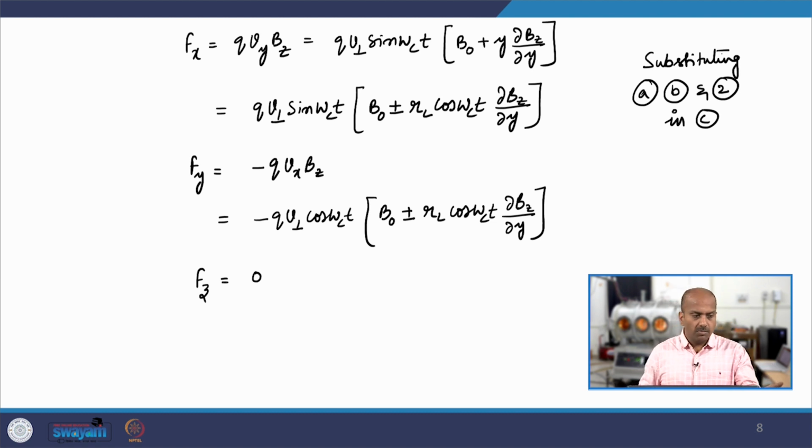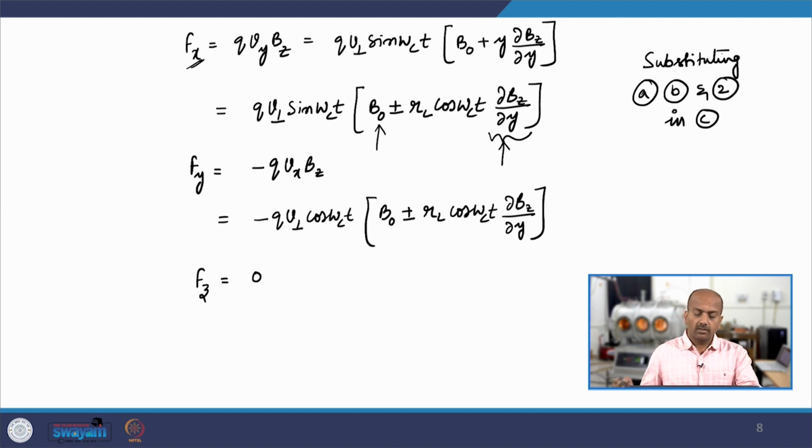Now, what I want you to understand is that generally when a particle moves in a magnetic field, it experiences force which changes its direction, only direction. But here what you are able to see from these expressions is that the particle is not just experiencing a force because of B naught, it is also experiencing a force because of the way it changes with respect to the magnetic field.